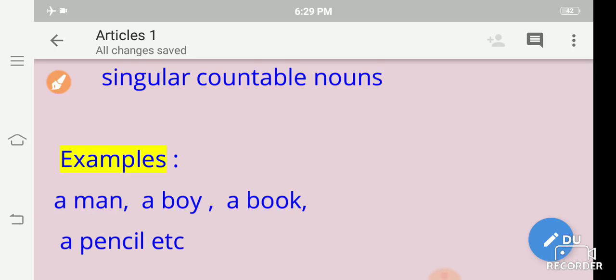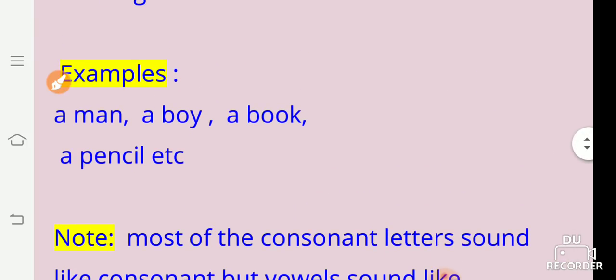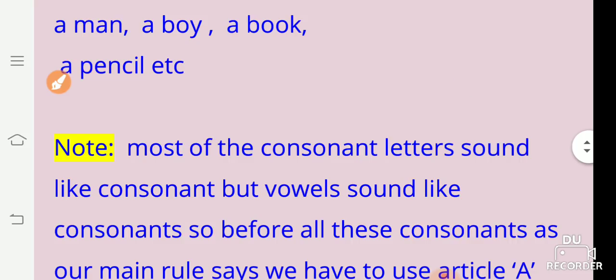As I told you, the sound should be consonant sounded. For that, there is an exception to the general rule that we have to understand. Even though the word has a vowel, it sometimes sounds like a consonant. Let us go through this note, friends.